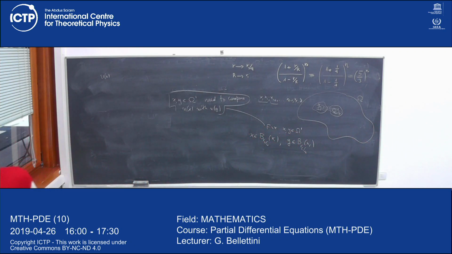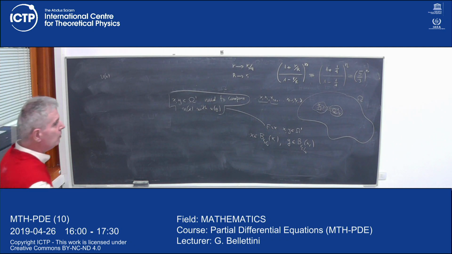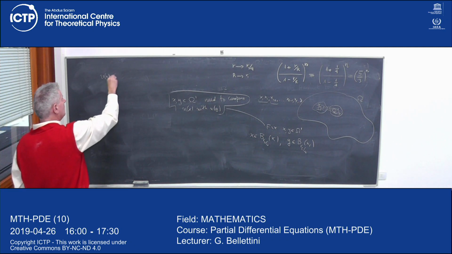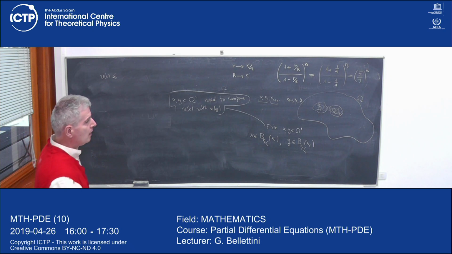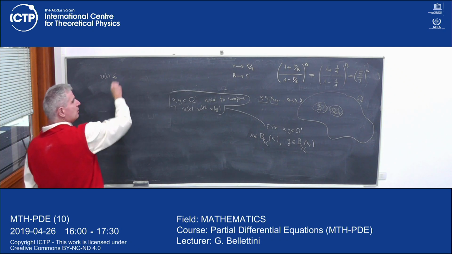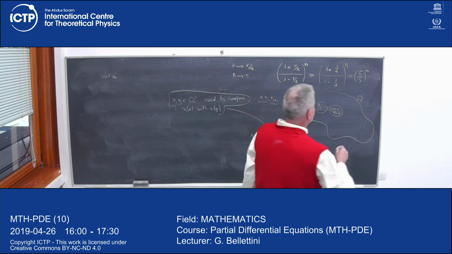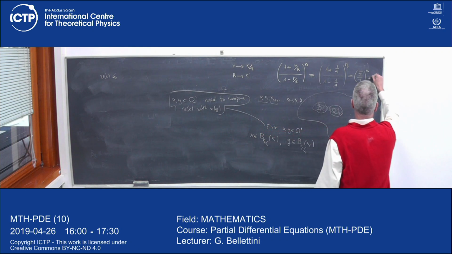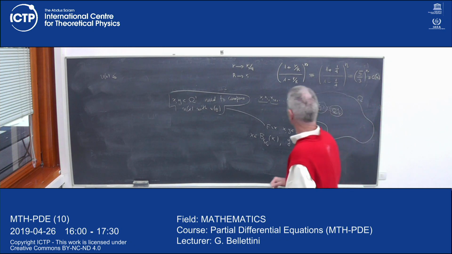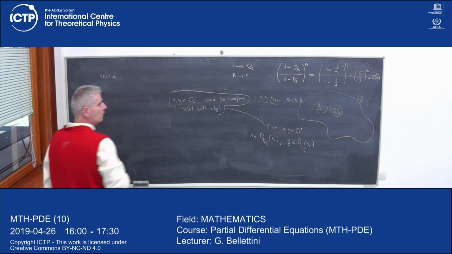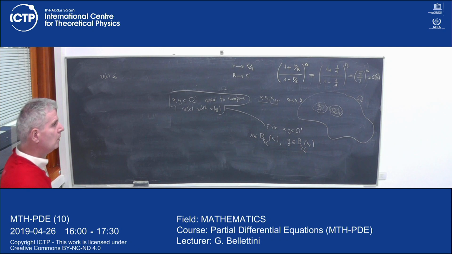So now we start to bound u of x less than or equal, because we are in the ball connecting x and x_i. So let me call this constant Cn, a constant depending on the dimension.